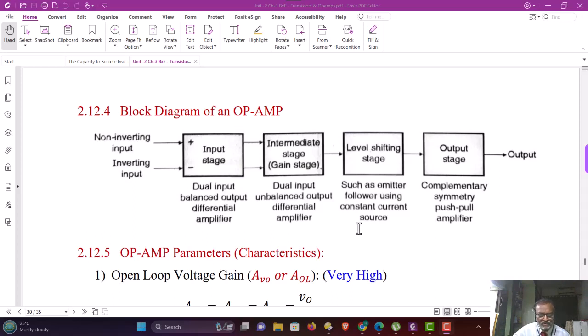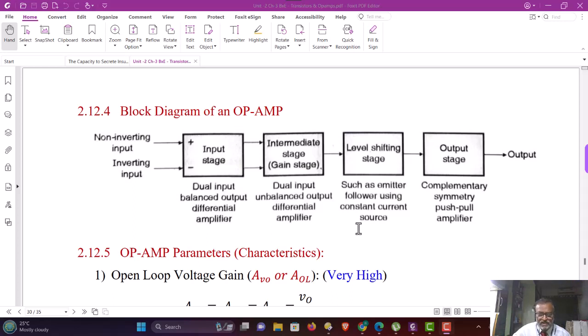To restore the swing to the maximum level, we have to reduce the DC level to 0, and therefore the next stage is a level shifter stage. This is normally an emitter follower or source follower type of stage with a constant current source.